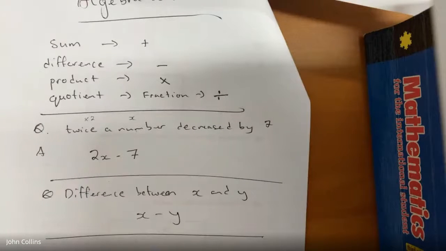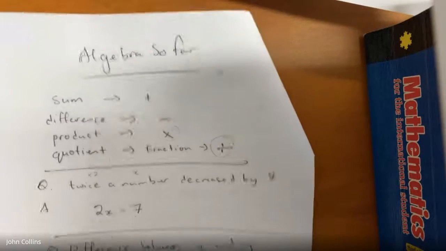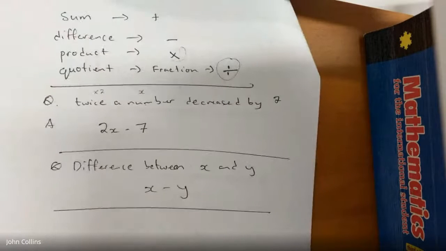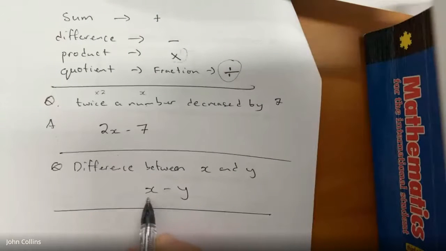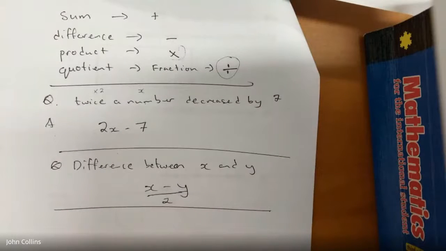We can only use letters and numbers. If you notice, we don't use multiplication or division anymore either. We either put it as a fraction if it's division. So if this was to be divided by something, I would write like this. I'll put it all over 2 if I was to divide the answer, the difference between x and y divided by 2. Okay. All right.